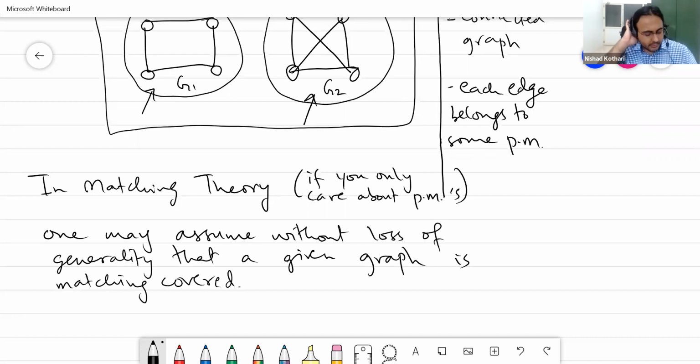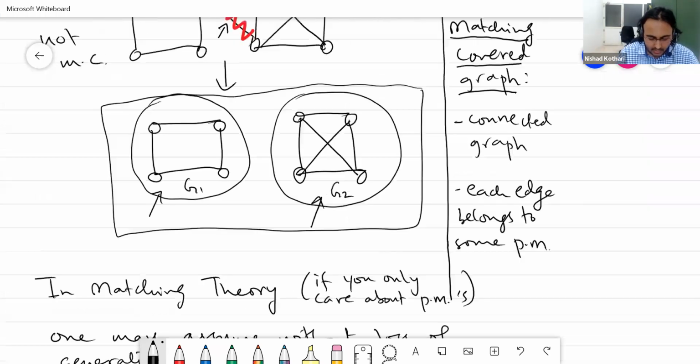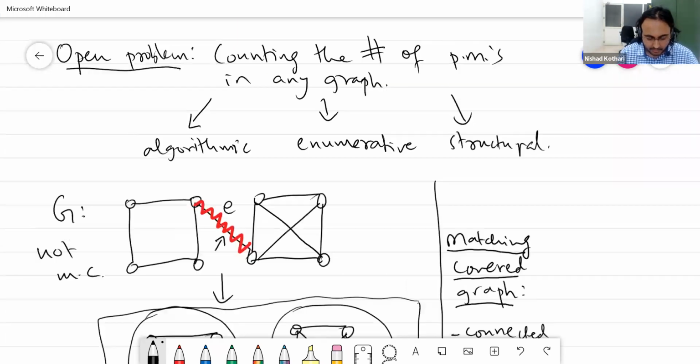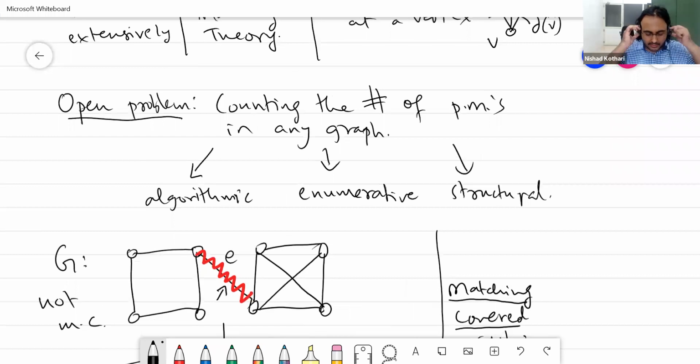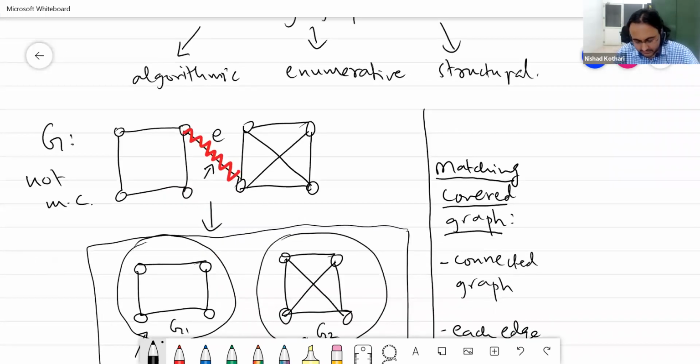Right? So if you look at Lovász and Plummer, for example, the vast majority of their book is actually talking about matching covered graphs. Back then, in 1986, they were not called matching covered graphs. Back then, the common term was one-extendable graphs. But these days, the more commonly used term is matching covered graph.